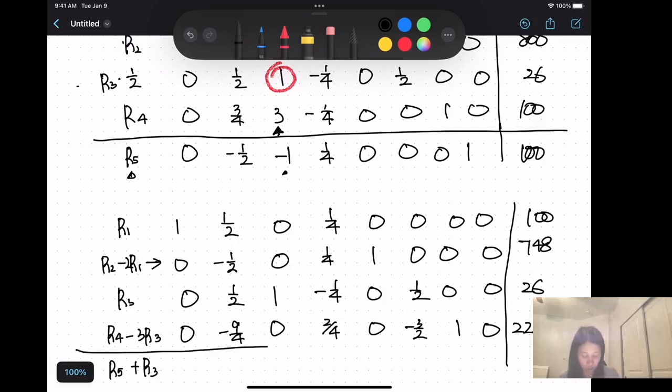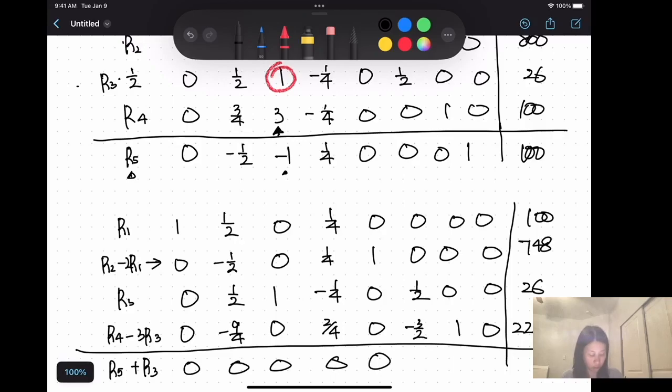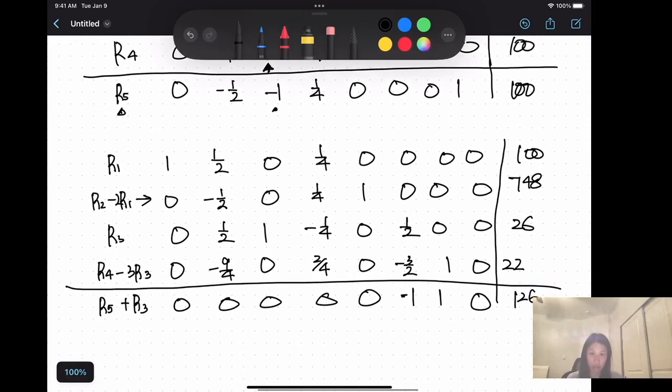So here you will get 0, 0, 0, 0, and 0, -1, because 2/3 adds negative 3/2 add 1/2 is -1, and this is 1, 0, and this becomes 126. Okay, so now we have everything that we need.